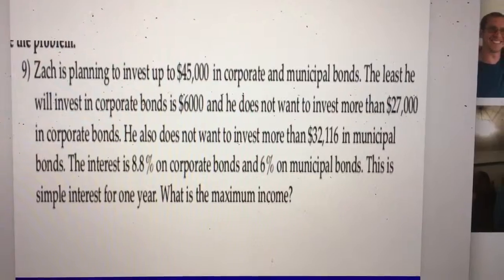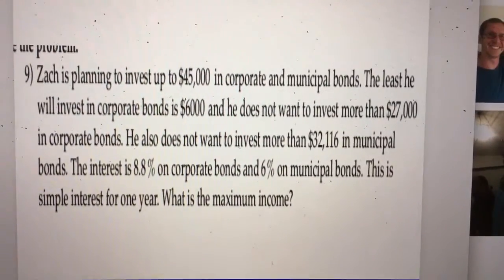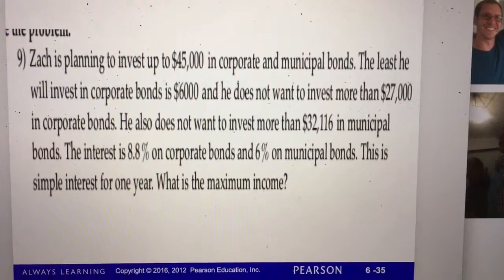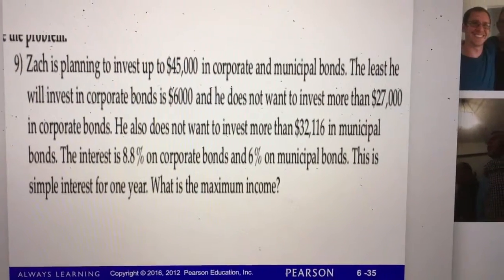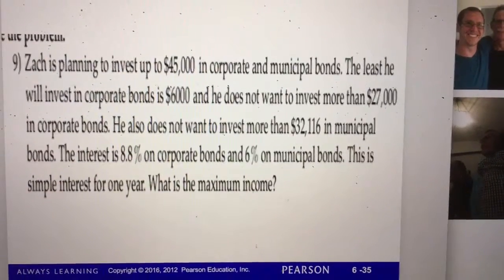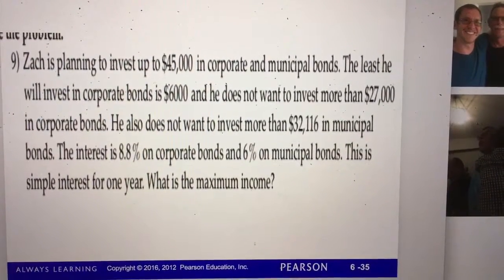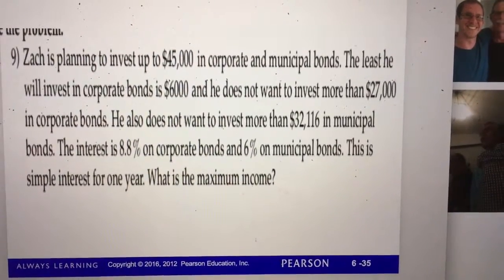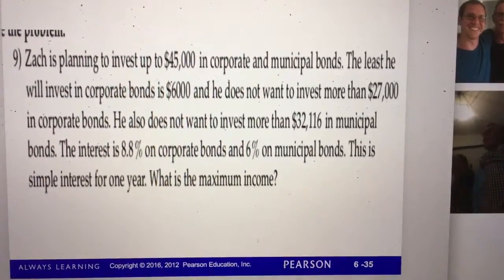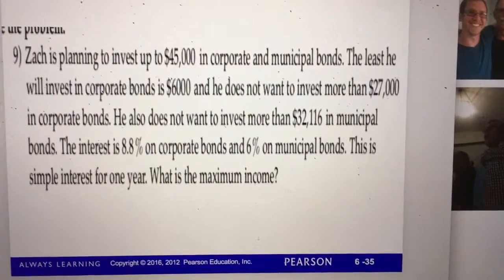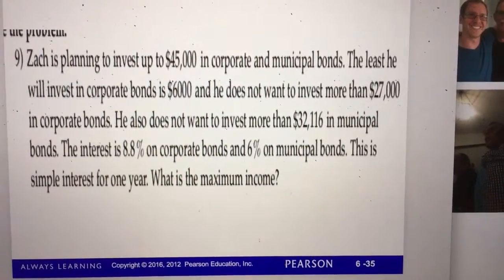Okay, so we're looking at what amount he is investing in each one. And then the least he will invest in corporate bonds is $6,000. So $6,000 is less than what he's going to invest, and he does not want to invest more than $27,000. So that'll be less than or equal to, okay, so both of those are less than or equal to $27,000.